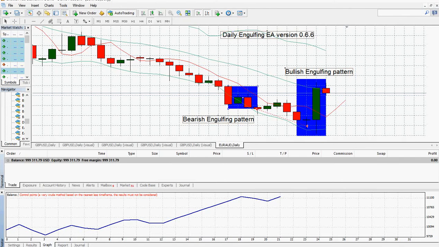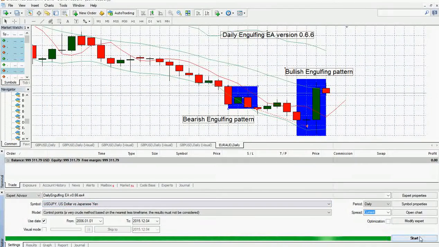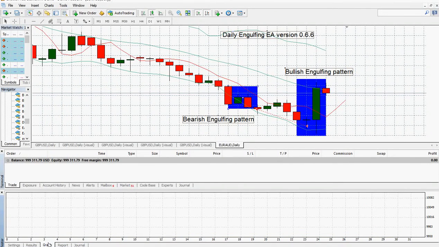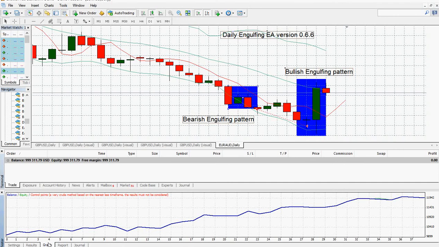You can get fake signals, for example, testing US dollar, Japanese yen, during the holidays. When you see holidays and small volatility, you can get very bad results. I try to avoid this by using the average true range indicator in the expert advisor, but sometimes this is not enough, so you need to monitor and try not to trade during the holidays.